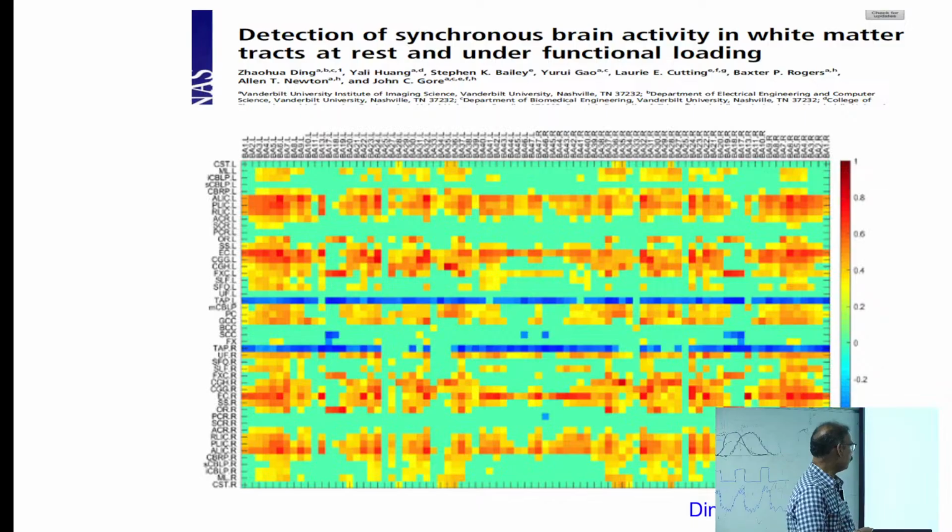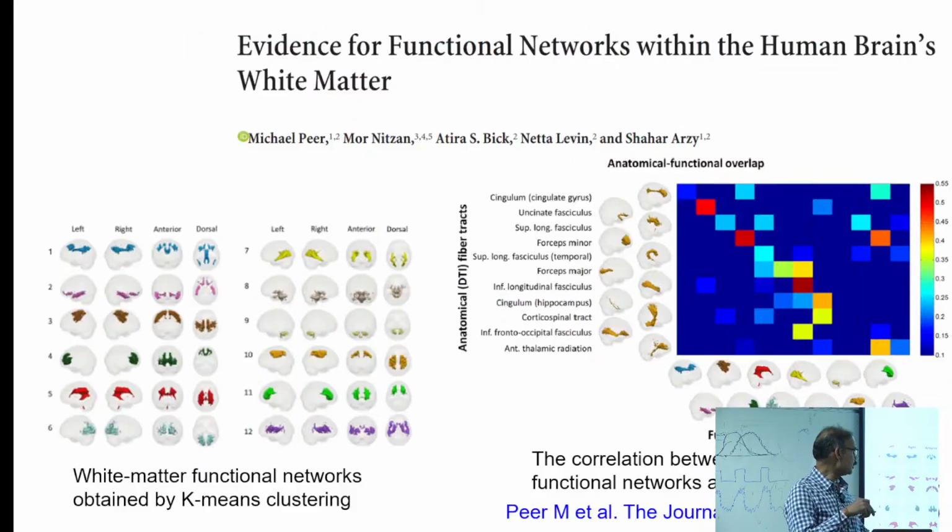And what they found was that as the task load increased, the white matter tracks showed more signal there, right? And another paper by Michael Peer showed that you could do clustering to look at these changes.